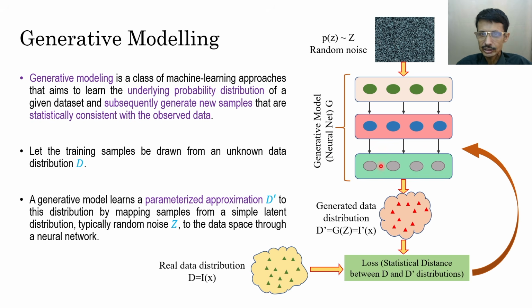Using this generator, we generate a data distribution, called D bar, say. Now G of z, where z is basically a random noise and G is a generator, we can get this data distribution.